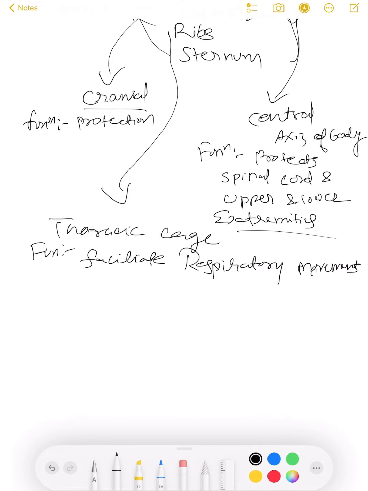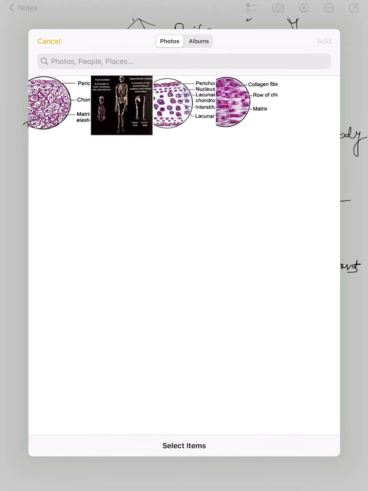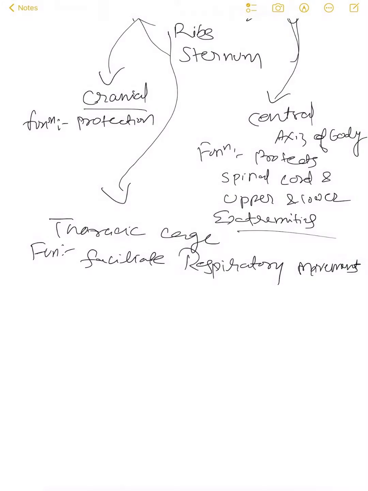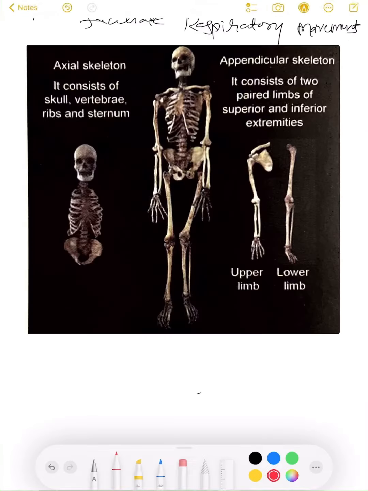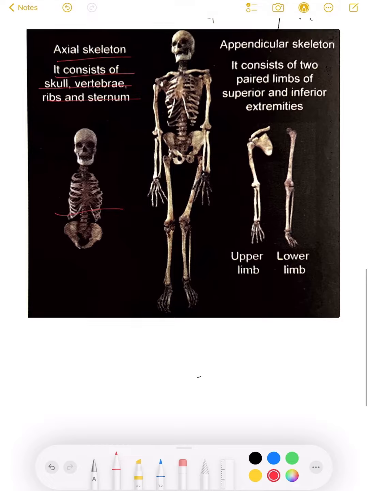Now let us see the diagram. Axial consists of skull, vertebrae, ribs, sternum. Now axial is clear. Now we will talk about appendicular.